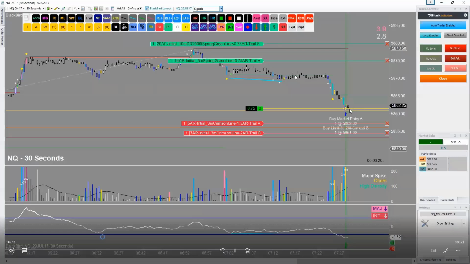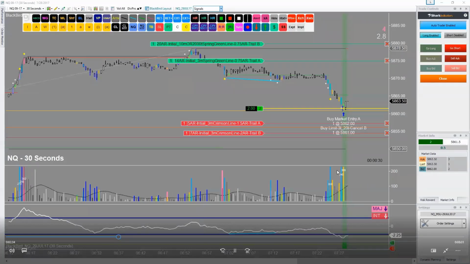So it gave us a little bit better fill, a better price. When I hit market, it moved up and down about 4 or 5 ticks within a second, as it was capitulating there at the low. So that was a perfect hit of all of those different areas.